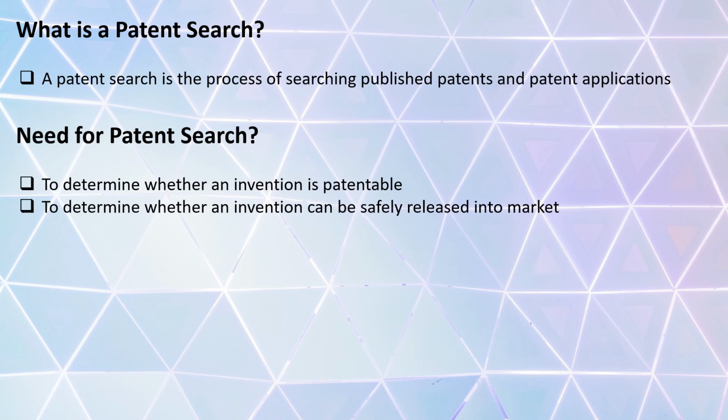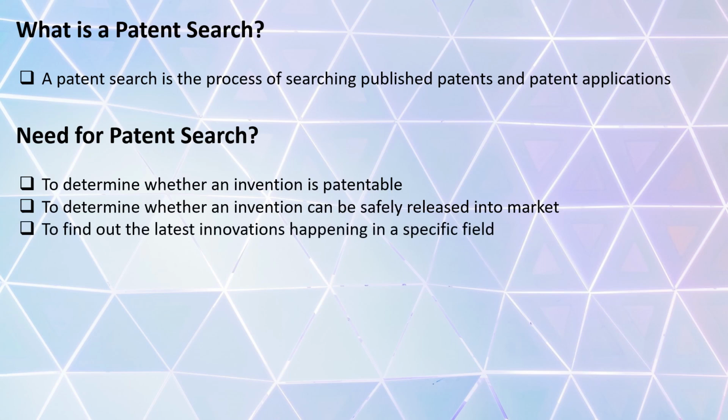In that case, the company which released the product will face a lot of legal issues and financial risk, because they are infringing the patent owned by the company who has already filed the patent earlier. So in order to avoid that from happening, patent search is usually done, which is known as infringement search, and relevant patents are found out so that patent infringement can be avoided.